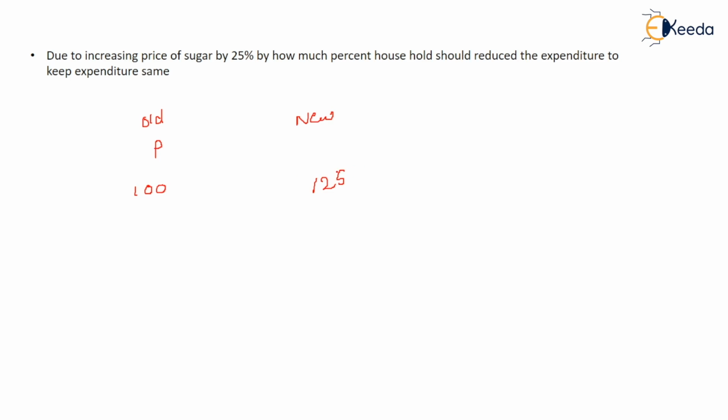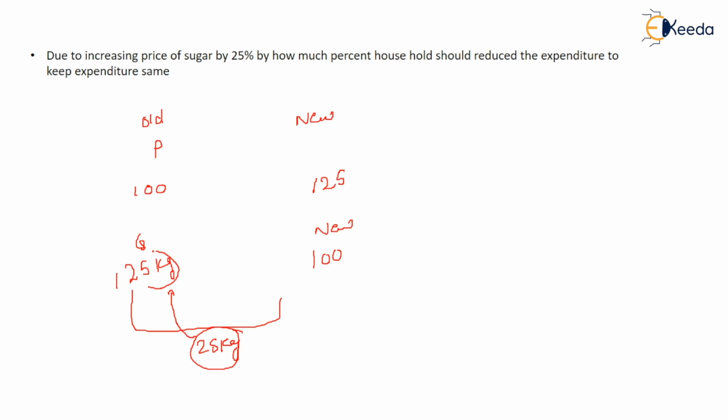Now the opposite of this you have to do with quantity. So earlier they used to eat 125 kg. Now how much are they eating? They are eating 100 kg. So what is the difference in their consumption? The consumption is reduced by how many kgs? 25 kgs. And what were they consuming earlier? That was 125.